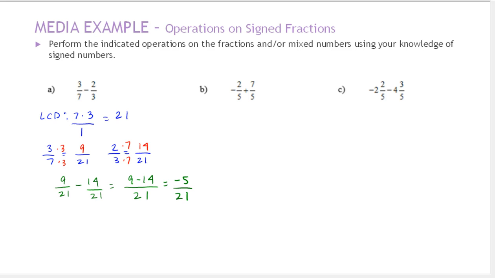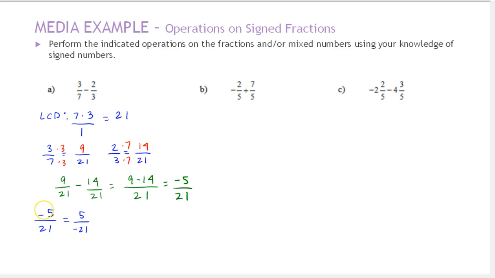There's one thing that's important for you to note. Now notice this is a -5/21, and there's an equivalency that you should know. This is equivalent to 5/-21. If you think of fractions as division, one of the ways to think of them, 5/21 is whatever quotient it is, and if we have a negative divided by a positive, the result is negative.